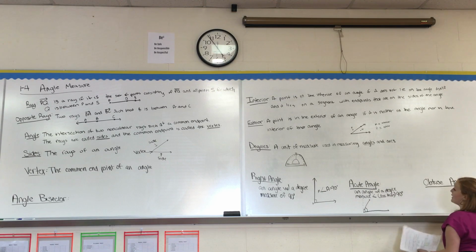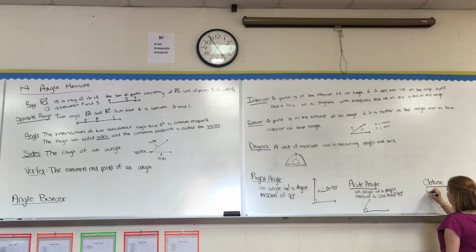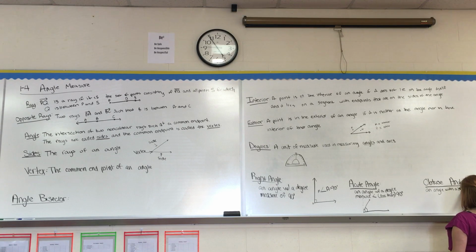Okay? And an obtuse angle is the opposite of an acute angle. So it is an angle with a degree measure greater than 90.